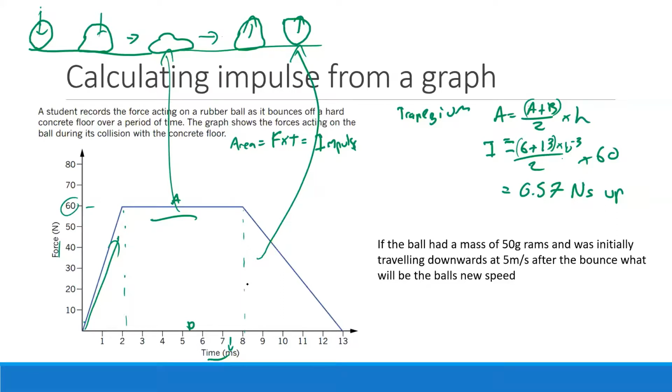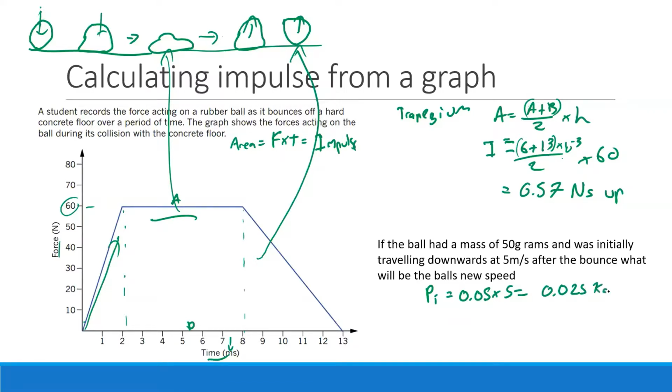So let's say that ball had a mass of 0.05 kilograms and was initially traveling downwards at 5 meters per second. After the bounce, what will the ball's new speed be? Well, let's calculate the initial momentum. The initial momentum is going to be 0.05 times 5.